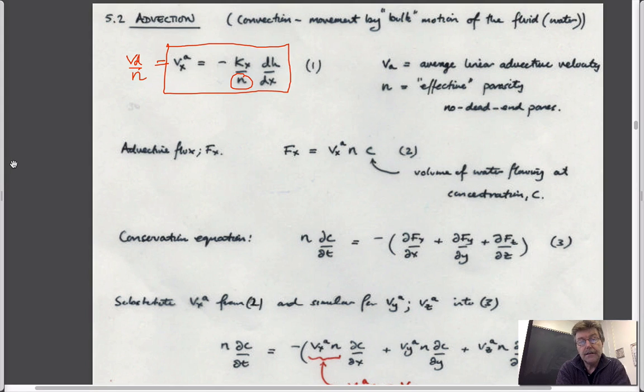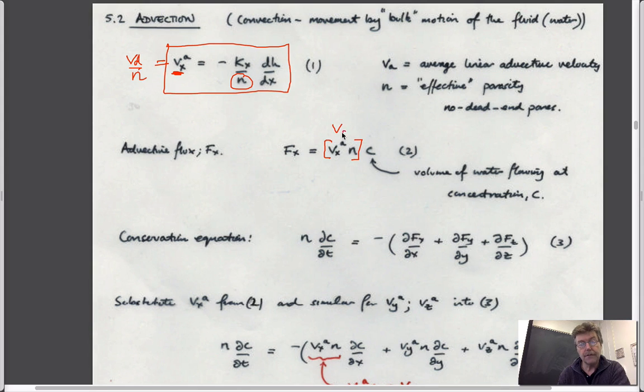And so this allows us to find out exactly what rate the water travels at: only water, not the free product, because it's immobile, and not the dissolved constituent.